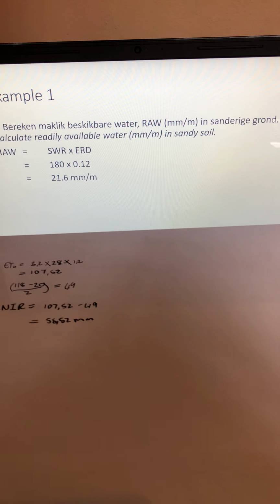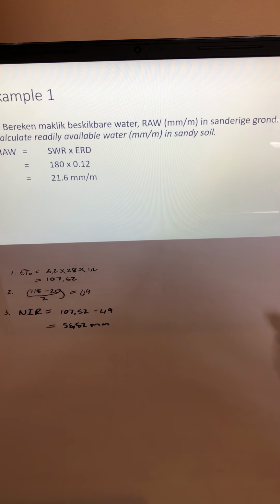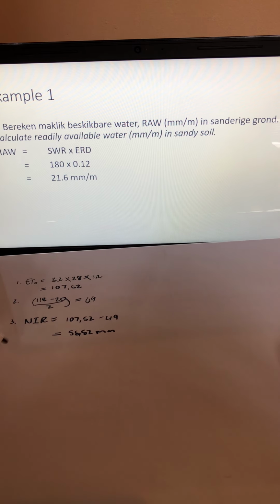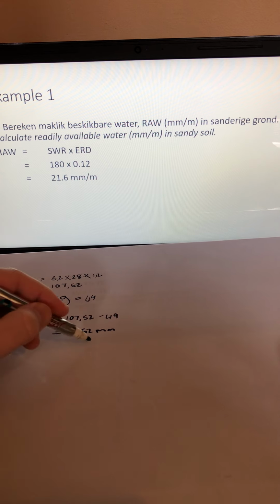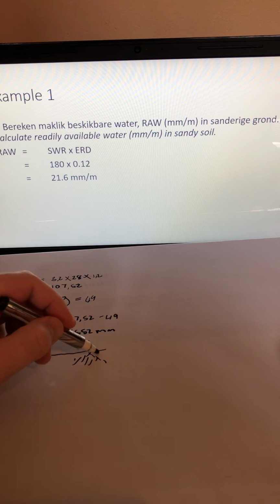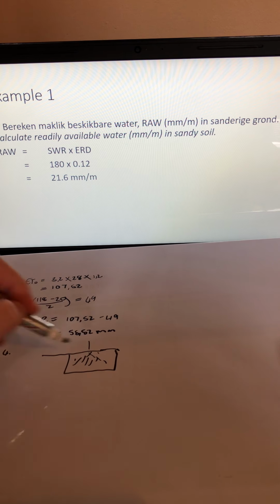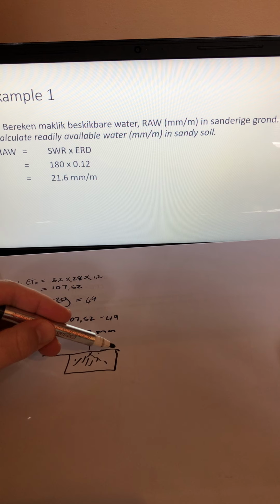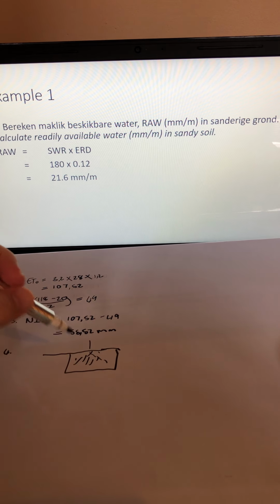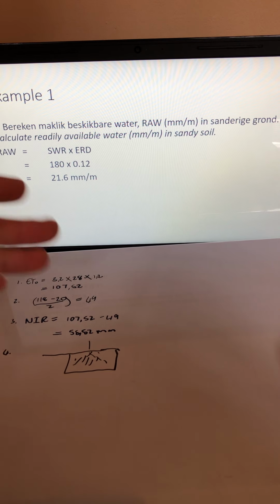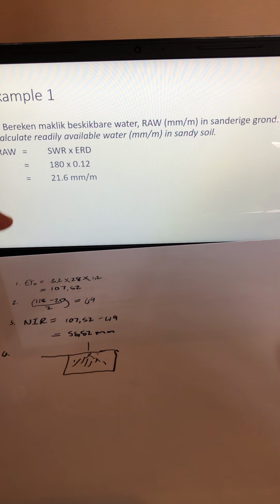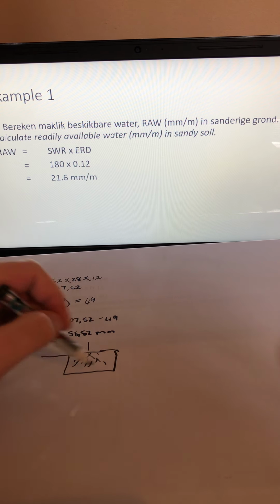Okay, so the readily available water. If you've got a soil profile, let's quickly do this. If you've got a plant in the soil, then the readily available water would be the soil water capacity of the soil, so the amount of water that you can have in your soil, and then the readily available is in that area of the roots.